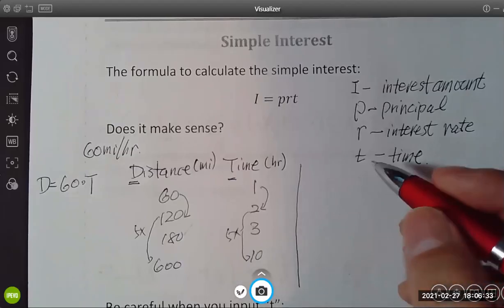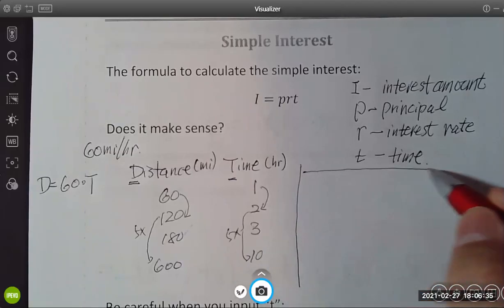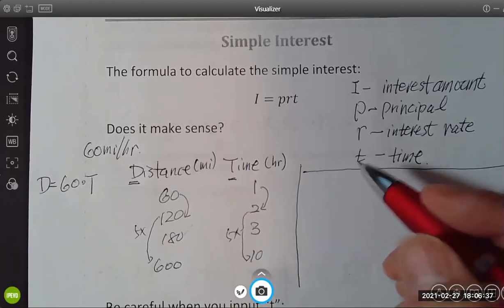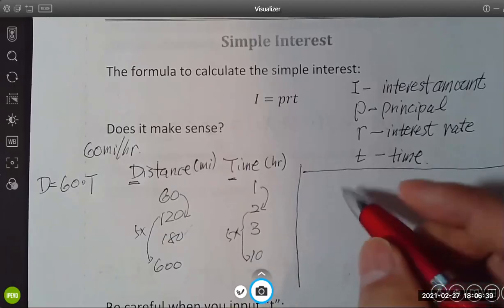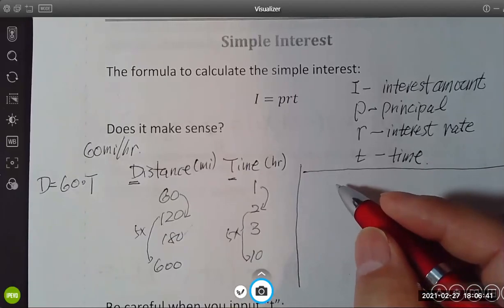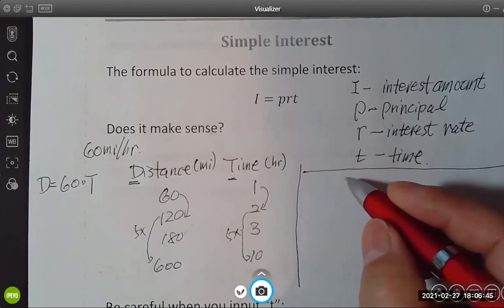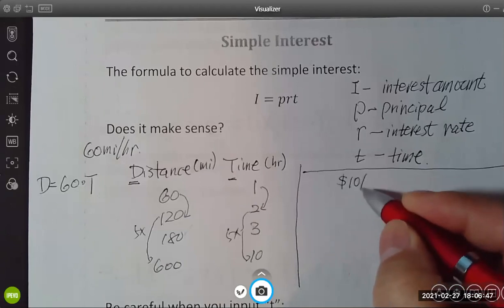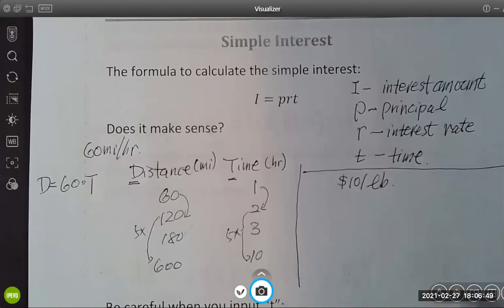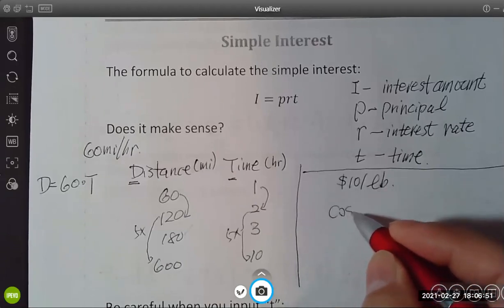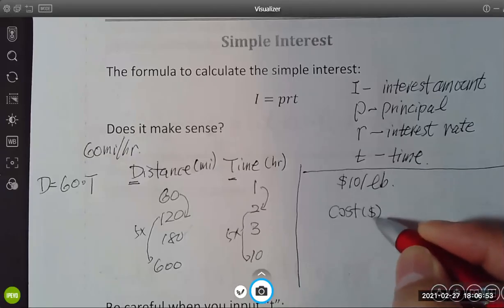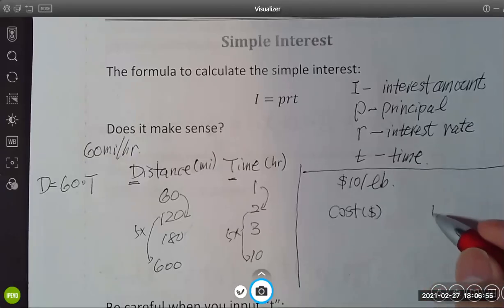Now, the second one is a totally different scenario, and let's look at the conclusion. So this time we go shopping. So we buy beef, which is a good one. So let's say it's $10 per pound. Now let's look at your total cost in dollars and weight, how many pounds you want to buy.